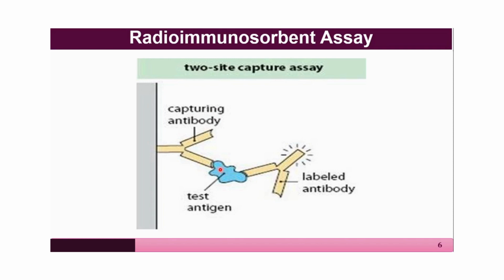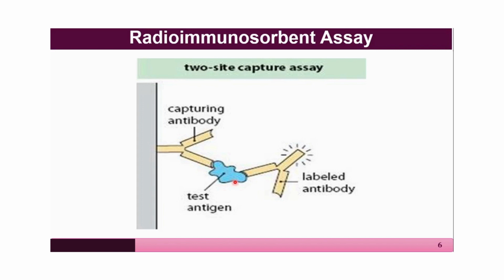When you add the test antigen, if the antibody corresponding to that antigen is already immobilized, that antigen will bind to the FAB site of the antibody. Once again, give a thorough wash. The antigen-antibody complex is stable at a given pH.